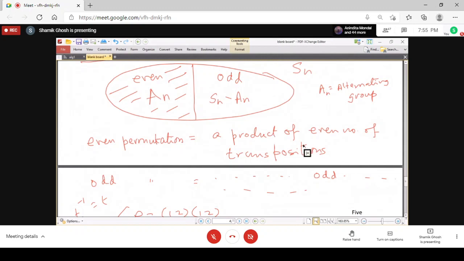So what happens if it can be expressed as well as a product of an odd number of transpositions, because the expression is not unique? Then the definition will carry no meaning. Then the definitions will be meaningless. But we can prove that this will never happen.